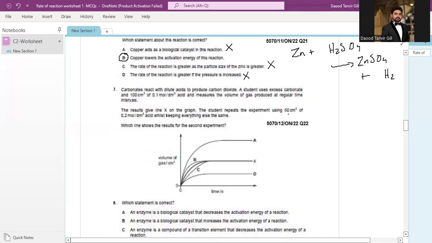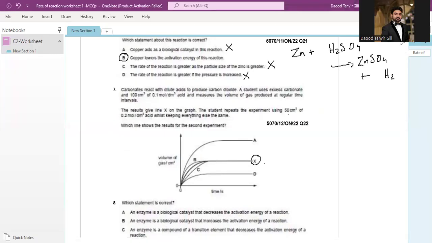In the first experiment, the student has added excess carbonate to an acid and measures the volume of gas produced at regular time intervals, and he gets a curve X. He repeats the experiment by changing the conditions. In the second experiment, he uses 50 cm³ of 0.2 mol/dm³ acid.